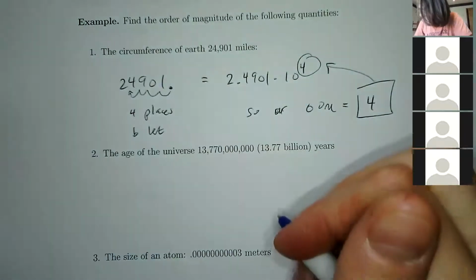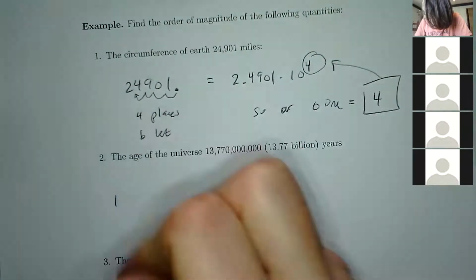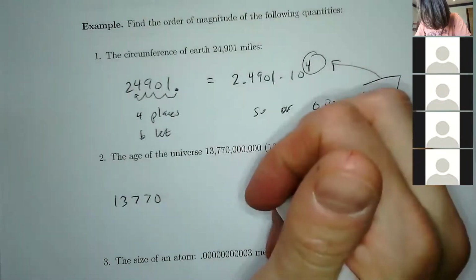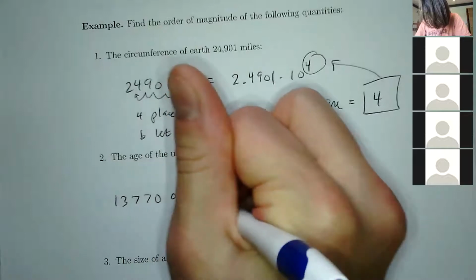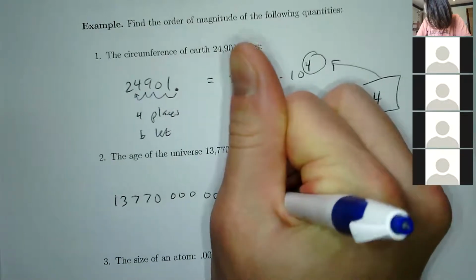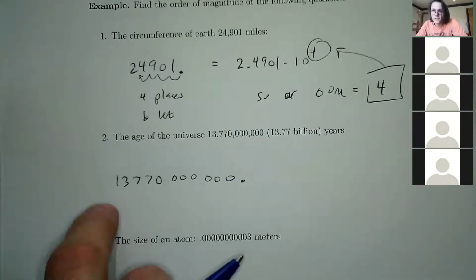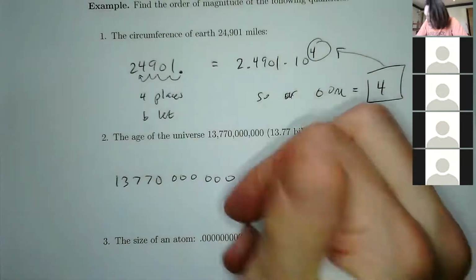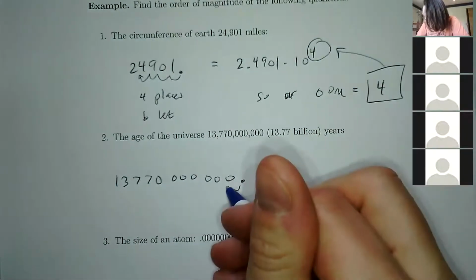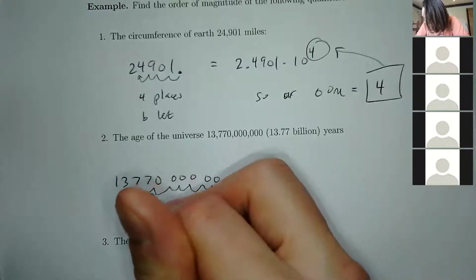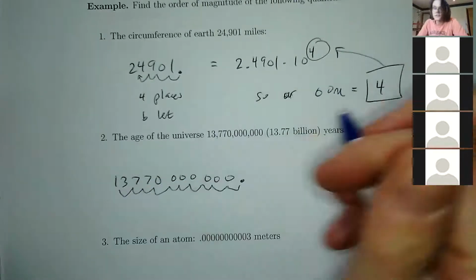I'll rewrite it down here: 13770, and then 6 zeros. My decimal is right there. And so let's just count how many places. We need it to be right after the first digit to make it 1.3 whatever. So I get 1, 2, 3, 4, 5, 6, 7, 8, 9, 10. It's huge.